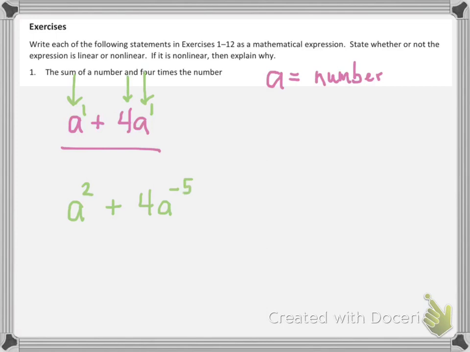The square is an exponent greater than 1, and the negative exponent is smaller than 0. Nonlinear means when we graph these equations, it would not be a straight line. But this one would be. That one is linear. Okay, let's try a few more.